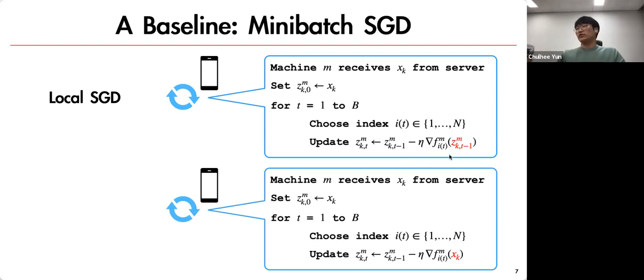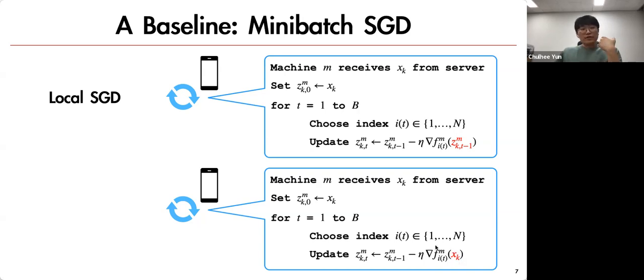For local SGD, since each of the local machines makes SGD updates, the gradient is evaluated at the last local iterate that the local machine has. But in Minibatch SGD, the gradients are actually evaluated at the last global iterate, right? So this update seems to be making some progress, but it is actually accumulating the gradients of B different component functions evaluated at the last global iterate x_k.